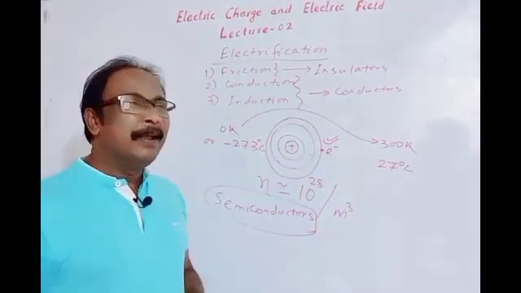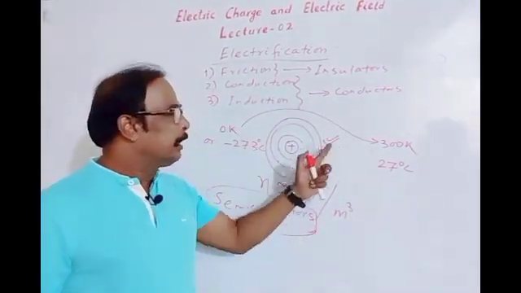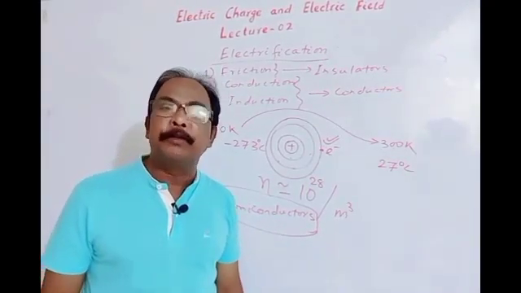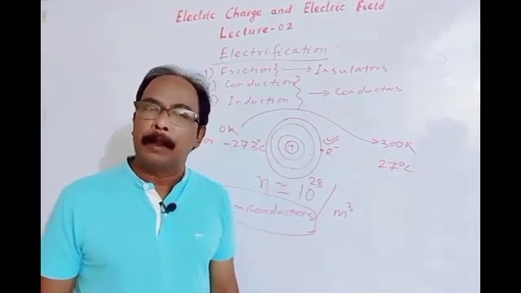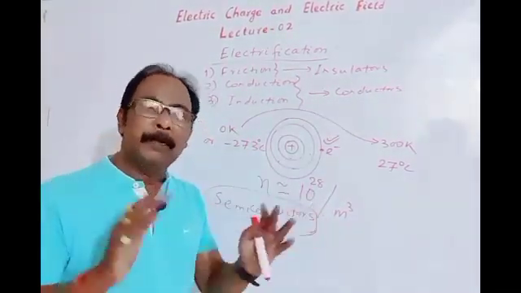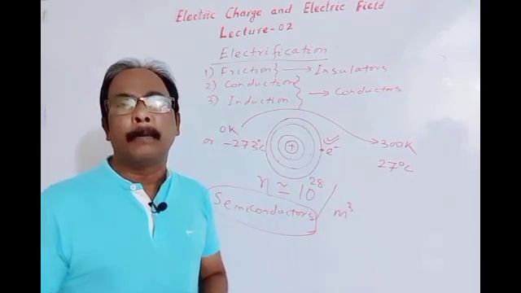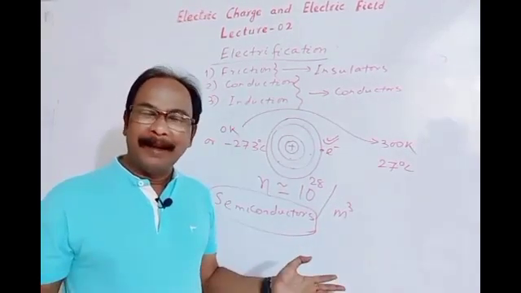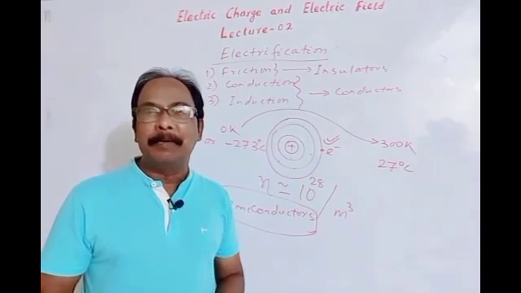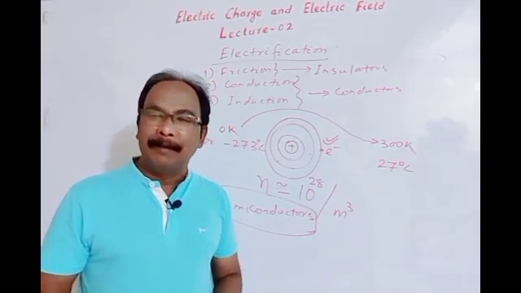Overall we may say the electrons move in a conductor due to thermal agitation, or thermal energy, or the temperature effect. So the effect of temperature plays a great role for conductivity and resistivity. We will study conductivity and resistivity in brief in current electricity.